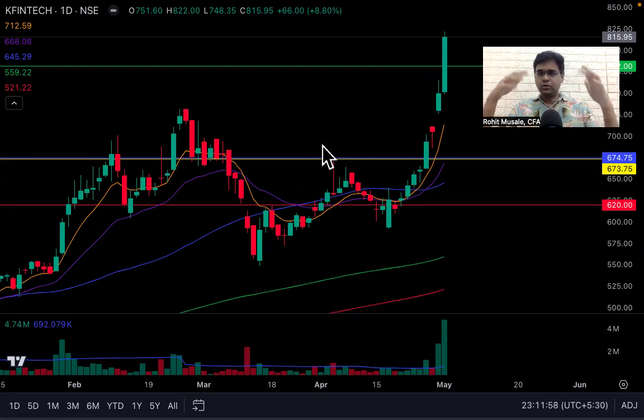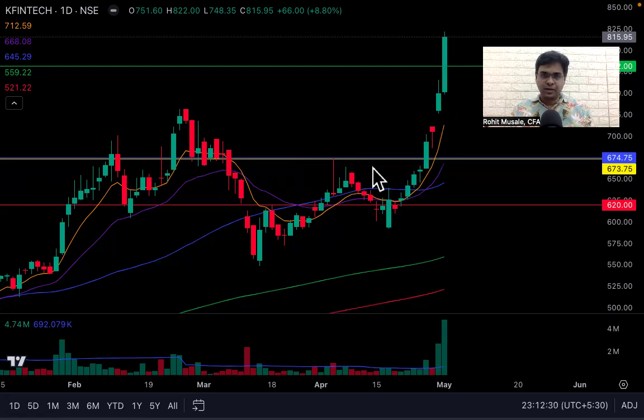All those two, three losses got compensated by this single trade, because I am making 10 times more money here than the losses that I booked there. A trade on which I had booked a 0.05% loss, and here I am booking 0.5% profit. This is 10 times the loss, right? So this trade allows me to finance more and more trades. That is why it is important to book profits here.